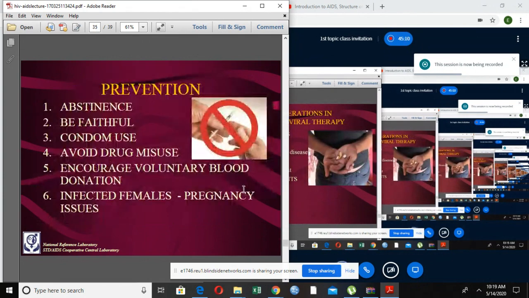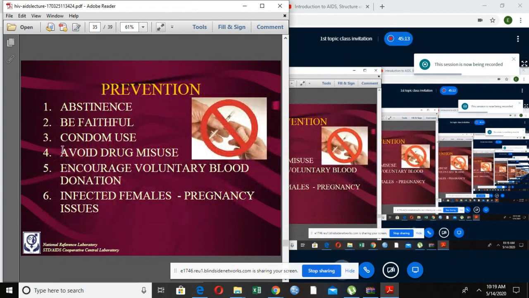Then we prevent by abstinence. We prevent HIV transmission by abstinence, being faithful, condom use, avoiding drug misuse, and encouraging voluntary blood donation. Then there are infected females and pregnancy issues. So we prevent pregnant mothers from passing the HIV virus to the unborn baby.